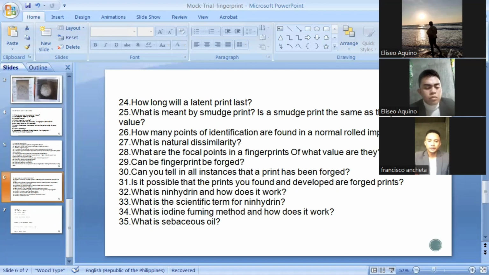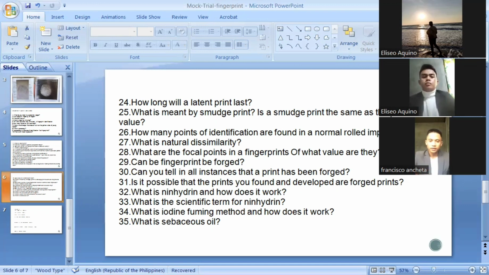As a skilled fingerprint technician, I already have the knowledge to identify if a fingerprint is a perfect replica or fake. Next, is it possible that the prints you found in the envelope are forged prints? Yes, but in order to fake a fingerprint, one needs an original first.